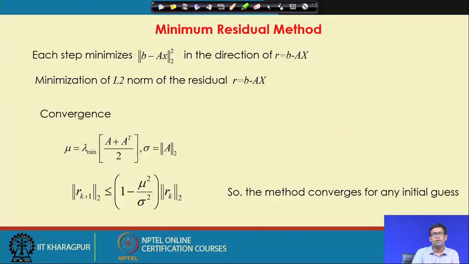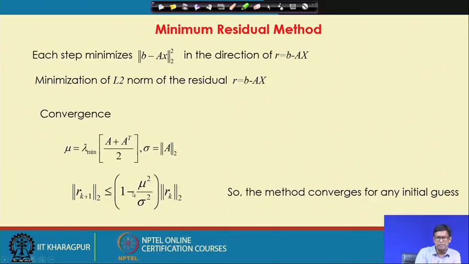So, if the matrix is positive definite, then mu is a positive number, and this quantity has to be positive as well.